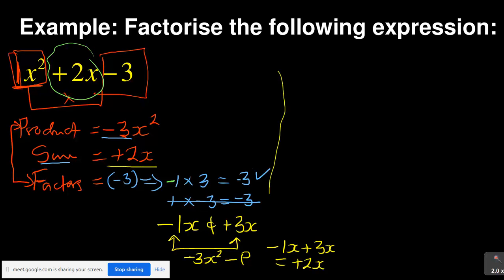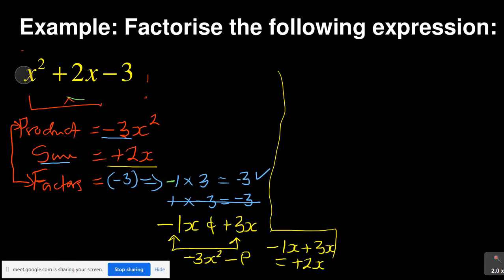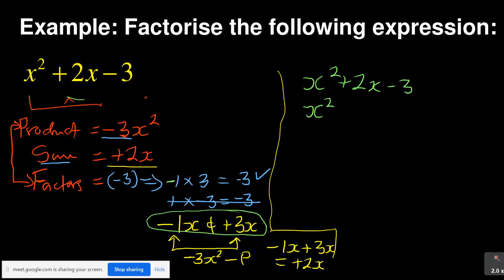So with that in mind, we can then finalize and say, how do I write this statement now? Remember, I've been given x squared plus 2x minus 3. Now, instead of having 2x, I substitute it with these two numbers that I got here. Because remember, this is my 2x.